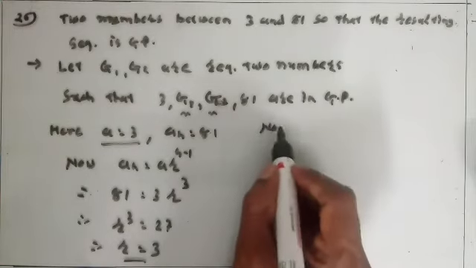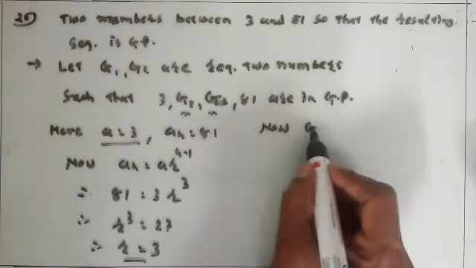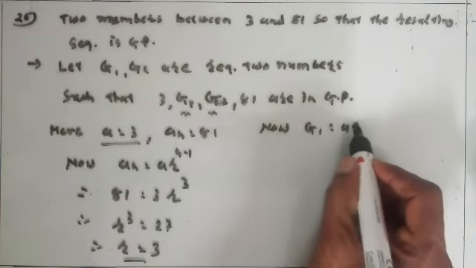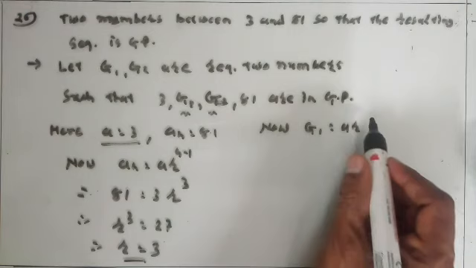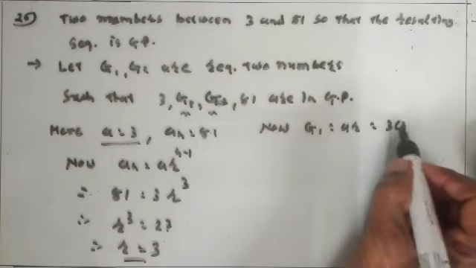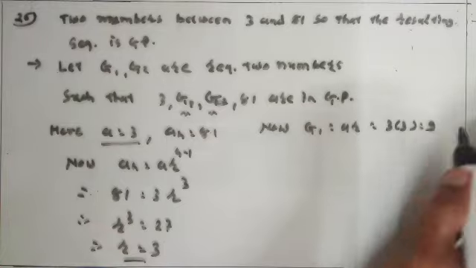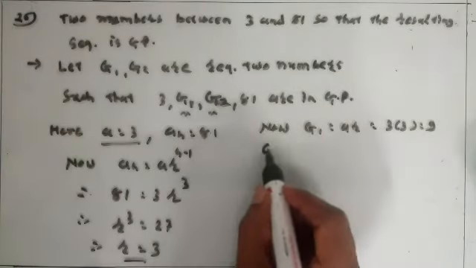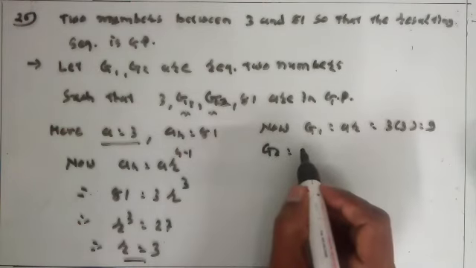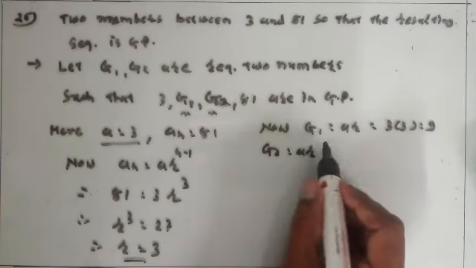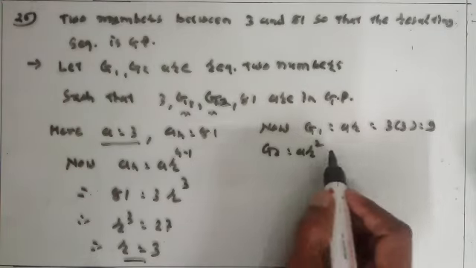Now G1 is the second term, A into R raised to 2 minus 1, is equal to 3 into 3, is equal to 9. Now G2 is the third term, and we know that the third term is A into R raised to 3 minus 1, that is R².